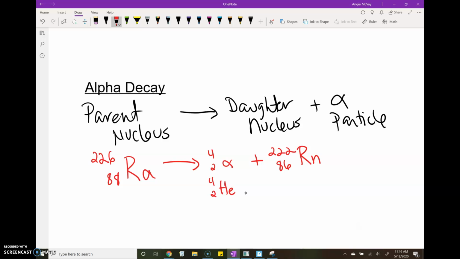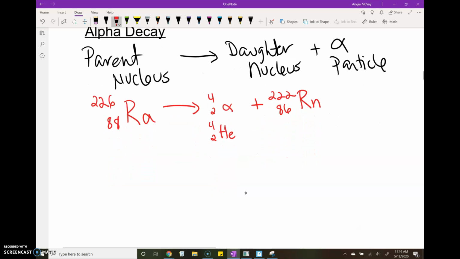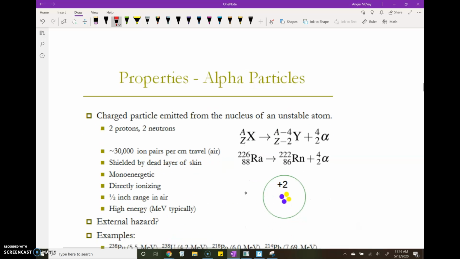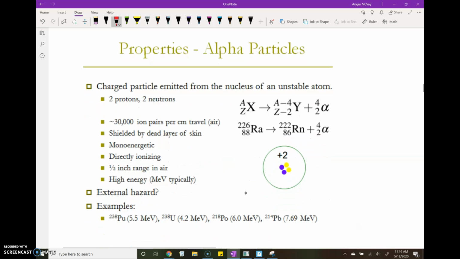Okay, so we're conserving nucleons. Whatever we have before the decay has to be the total of what we have after the decay. What you're noticing in alpha decay is there's just a daughter nucleus and an alpha particle. The alpha particle is the only thing that's emitted in alpha decay. And here's a little bit of guidance.